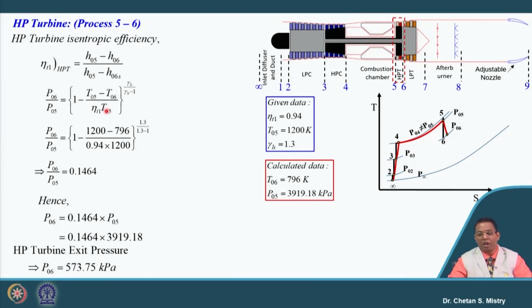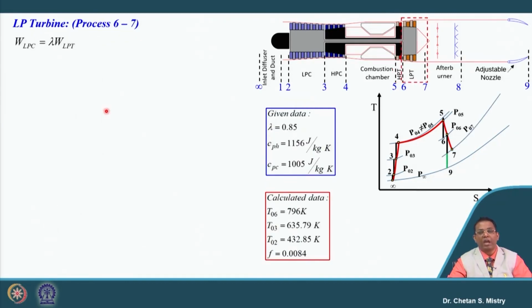Okay. Now the next component we have is our LP turbine. This LP turbine is used to rotate the LP compressor, and the work we are correlating with the mechanical efficiency here. So let us put the work balance.